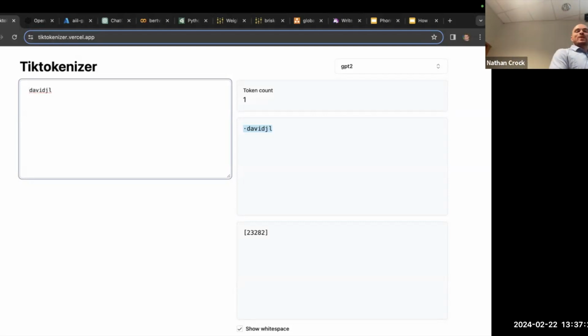Well, interestingly, David JL123 is a user on Reddit who was a very prolific poster and happened to dominate a very large portion of the training sets that these models were running their algorithms on, such that he received the award of becoming a single token in the GPT-2 tokenizer. But this comes at a cost. This token is so useless at language that the gradients pushed the embedding vector inside the model to basically 0.